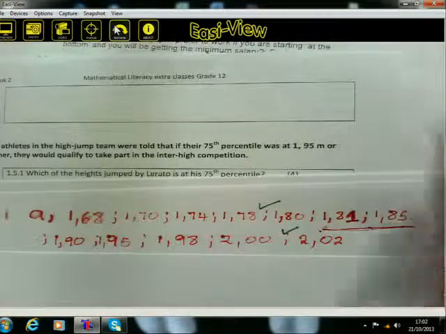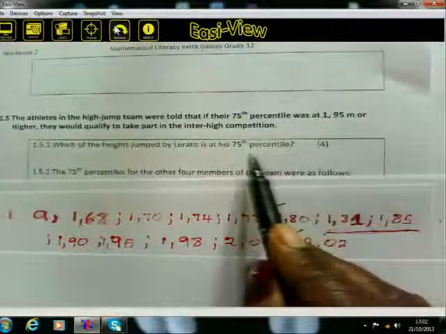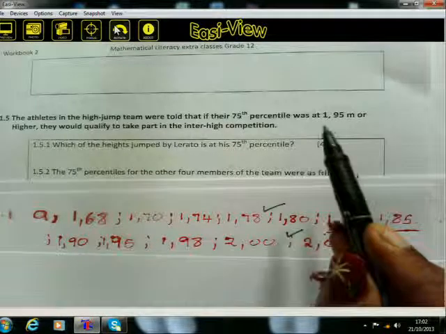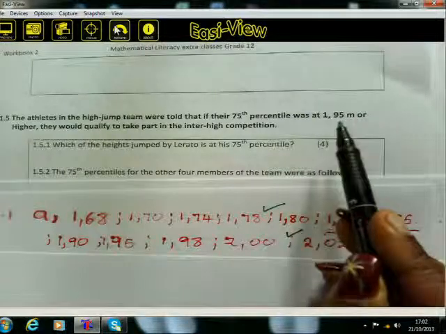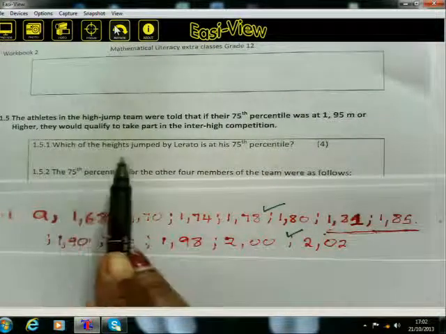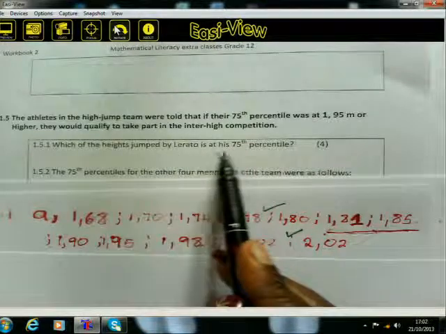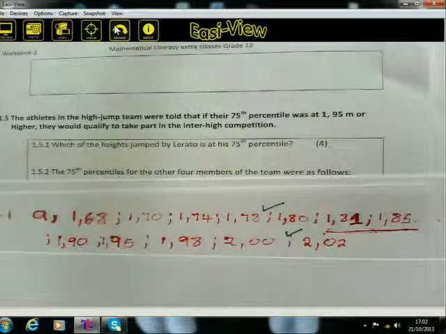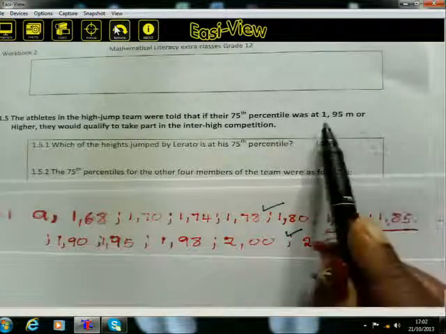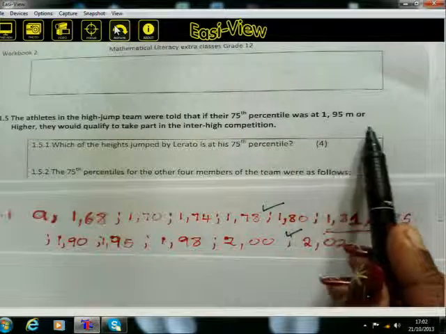They say that Lerato at his 75 percentile was at 1.95. So now they say which of the heights jumped by Lerato is at his 75 percentile. So they said at 75 percentile, Lerato was at 1.95 meters.